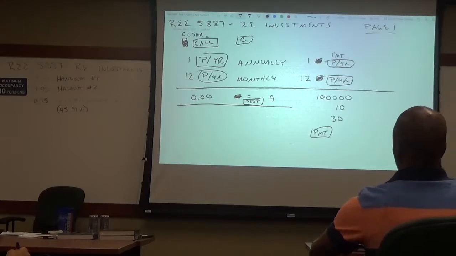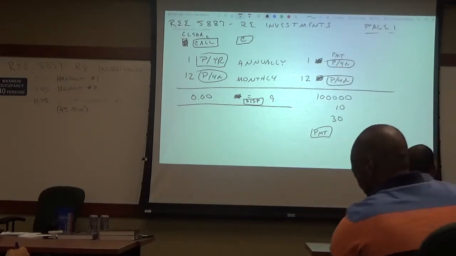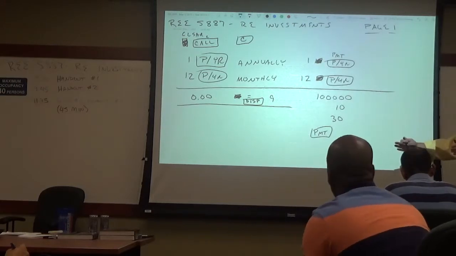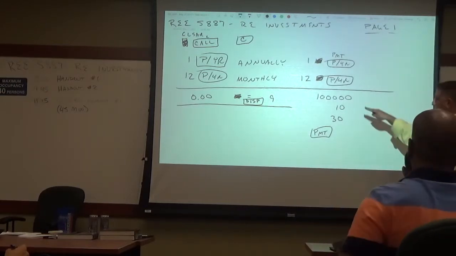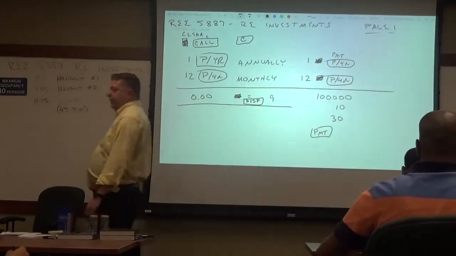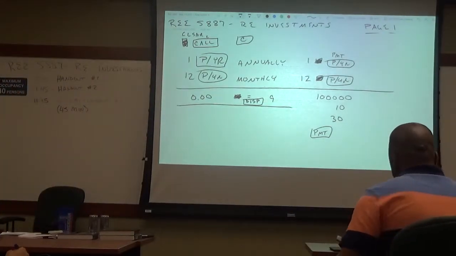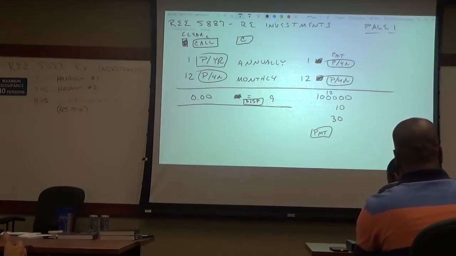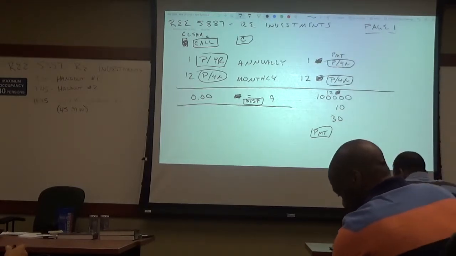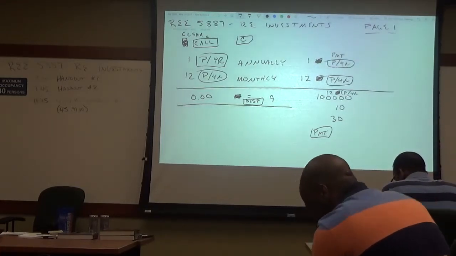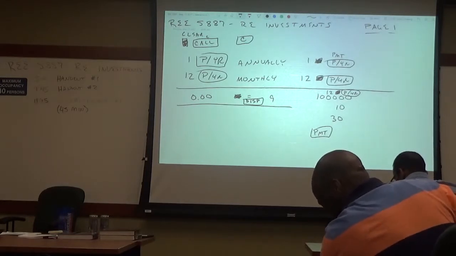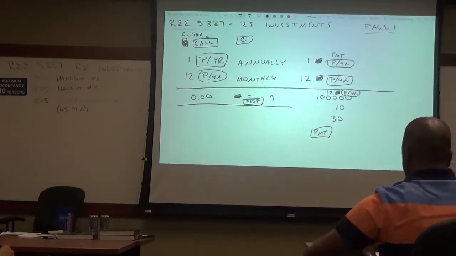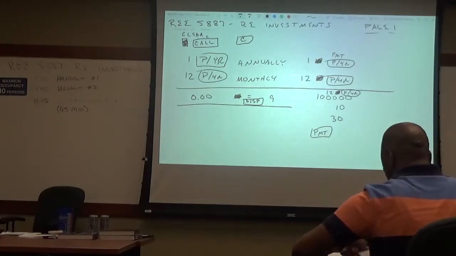In this case, I'm going to ask what the monthly mortgage payment is. So your first step on the calculator is typing in 12, shift, payments per year, to make sure it's set up for 12 payments per year. Then you're going to type in the 100,000.